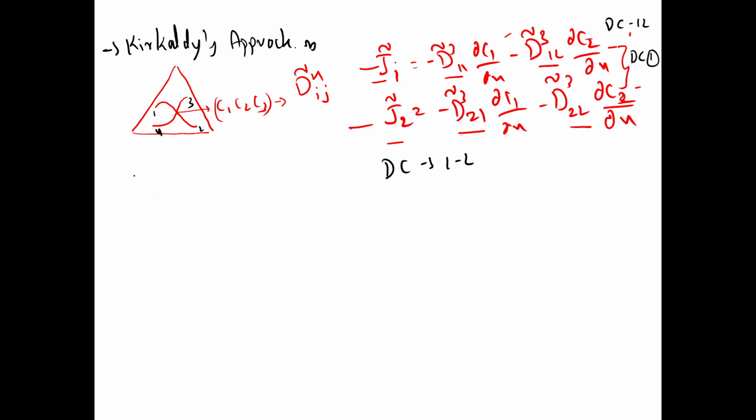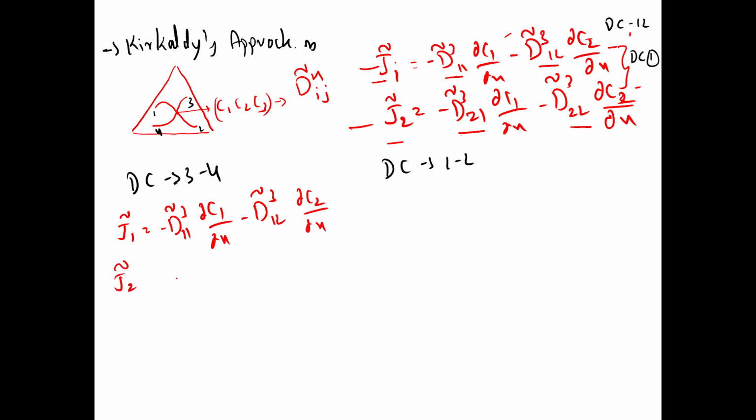For diffusion couple 2, the equations will be the same, J1 tilde and J2 tilde equal to minus the same terms with their own gradients.